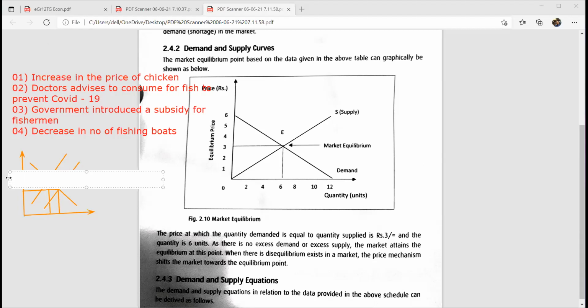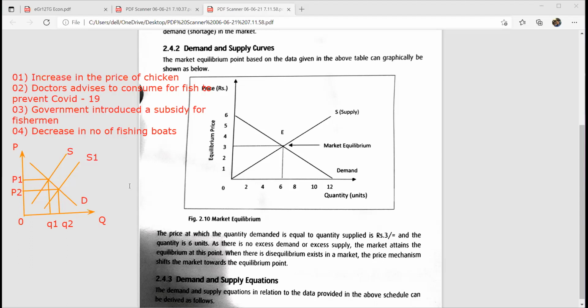Here the price P1, P2, Q1, Q2, S, S1. So here you have to say government subsidy means producers are encouraged, then the supply increases, the supply curve shifts to the right, then equilibrium price decreases from P1 to P2, while equilibrium quantity rises from Q1 to Q2.